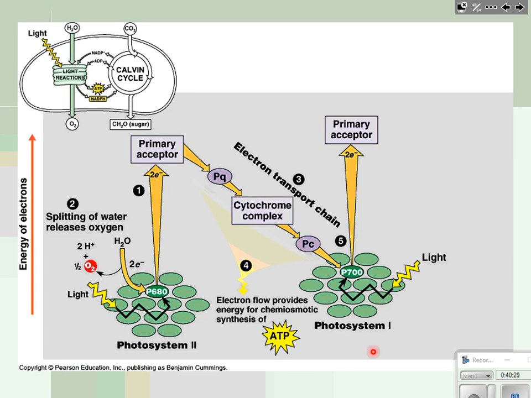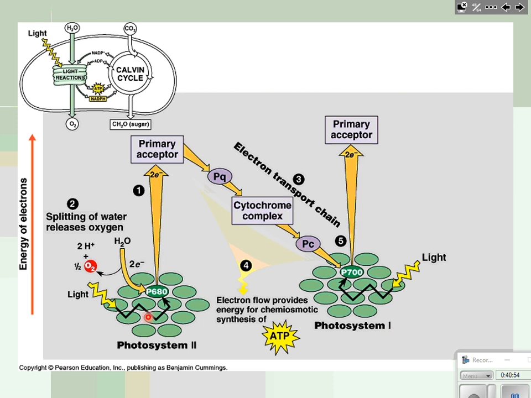Now you might be thinking, what the heck, Mr. Kapnis? Why is this photosystem 1? Shouldn't this one be named photosystem 1 and this one be named photosystem 2? And the reason they're named backwards is just because of the order in which they were discovered. Photosystem 1 was discovered first, and therefore it was named number 1.